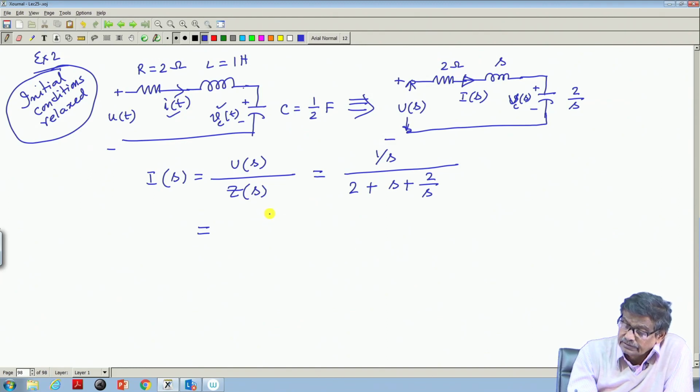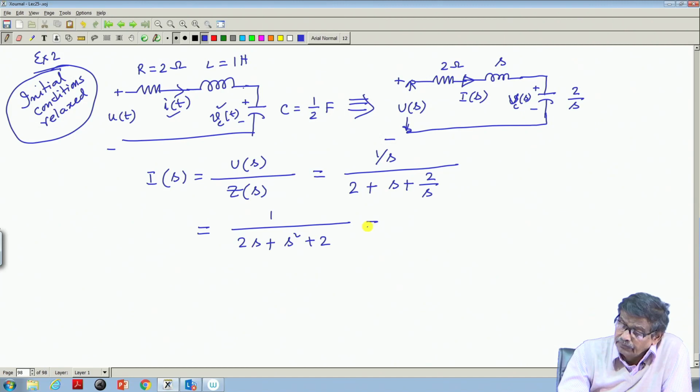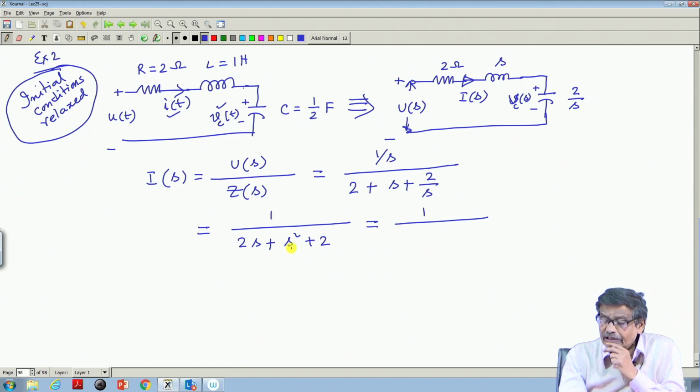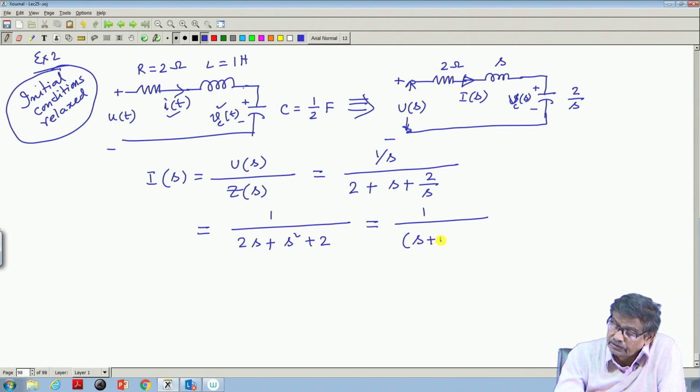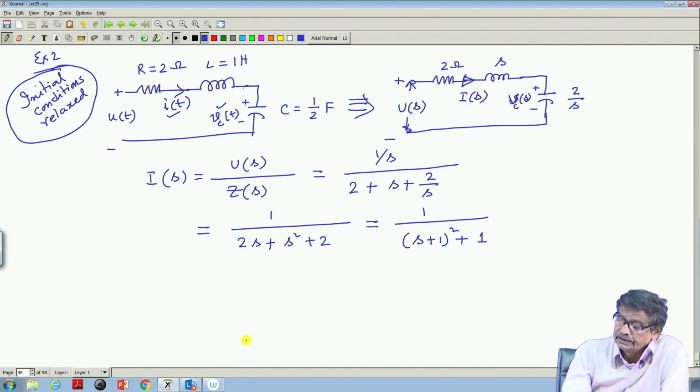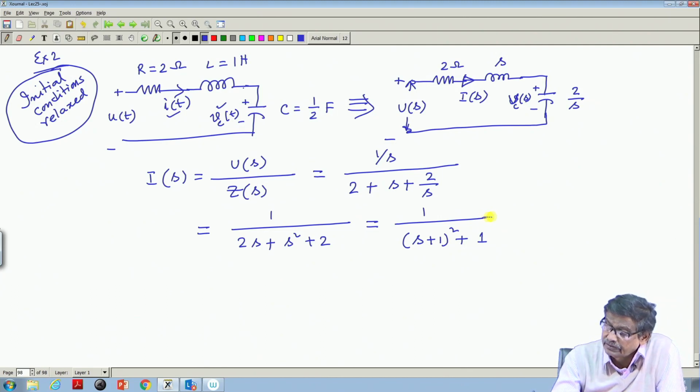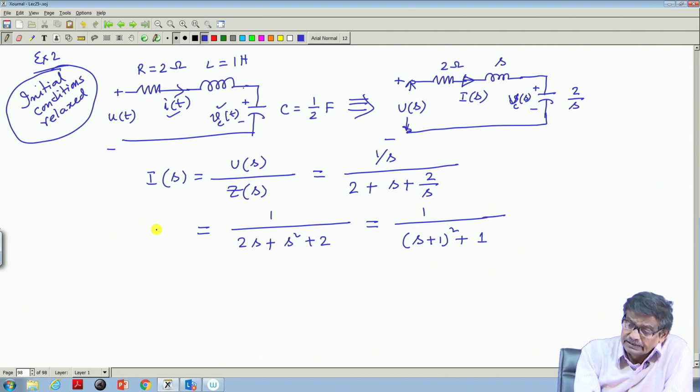So, I s is this, which is equal to 1 over 2 s plus s square plus 2, and this will then become equal to 1 over, here also you add plus 1 and subtract another 1, so that it will become equal to s plus 1 whole square plus 1, is it not? Then it remains this one, this way you can solve. Now, this is I s.